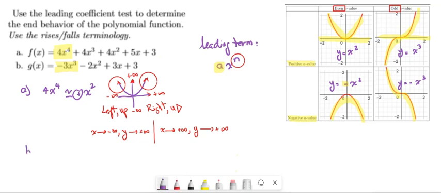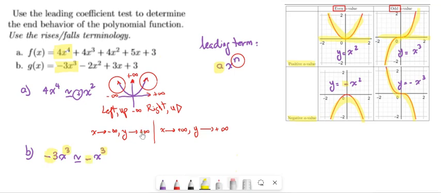Now for b, the leading term is minus 3x cubed, and this behaves very similar to minus x cubed, because 3 is odd and minus 3 is negative.